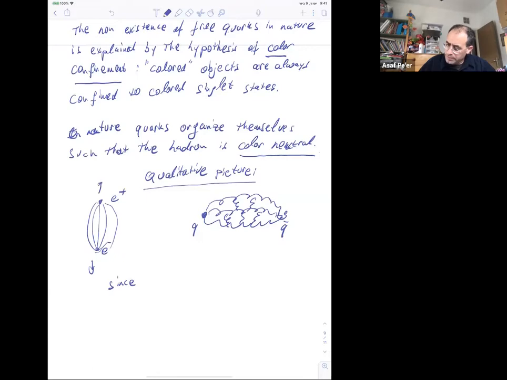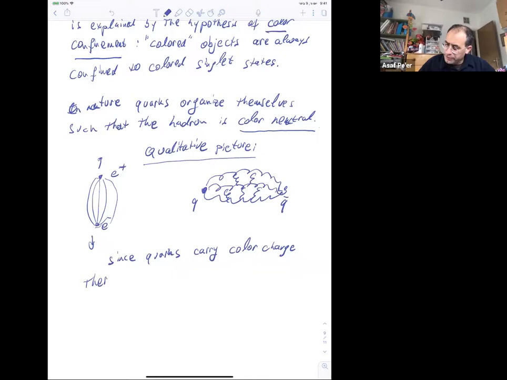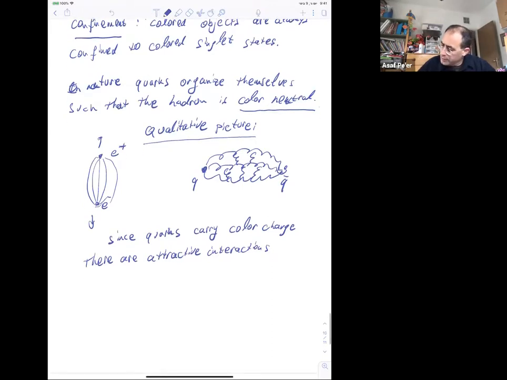Since quarks carry the color charge, there are attractive interactions between the exchanged virtual gluons. This does not exist in QED.